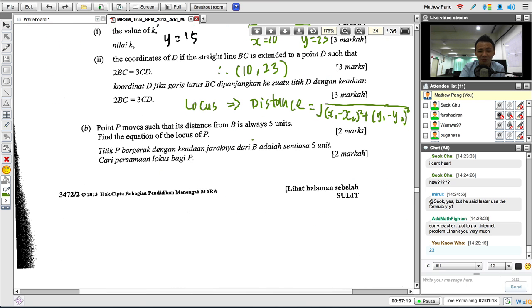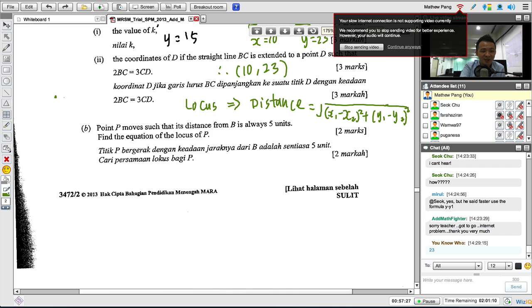Alright, so I just explained something about the locus here, but actually you don't need to understand it so deeply. So over here, what's the meaning of P such that the distance from B is always 5 units? It means if this is B here, my P is always 5 units from here. So it's something like this. You see the circle here?